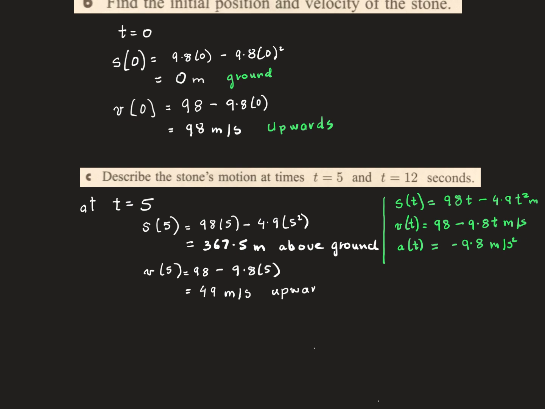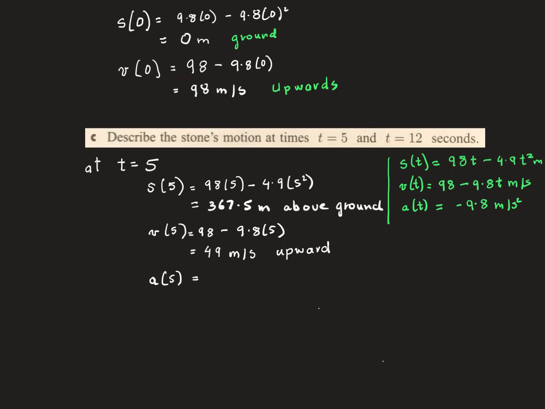And acceleration, well, at any time will be minus 9.8 meters per second squared. And since velocity is positive and acceleration is negative, we have a decreasing speed.